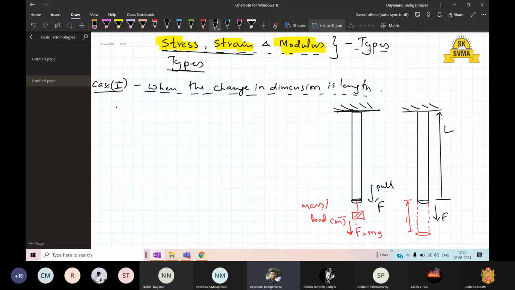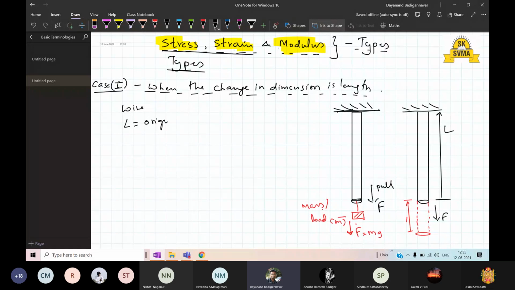I have chosen a wire, which is a metallic wire, or any material which is exhibiting elasticity. L is the original length of the wire. I should write in detail because it's an initial class.